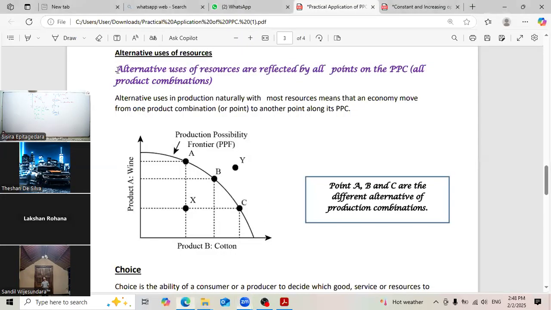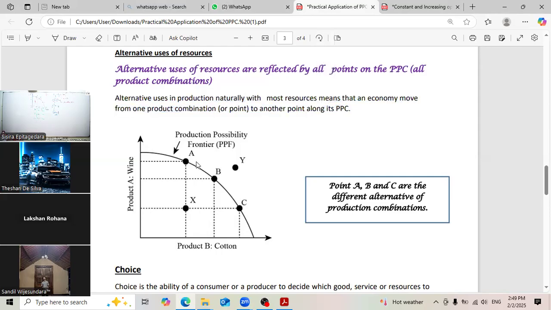You can see alternative uses of resources are reflected by all points on the PPC. In my diagram, there are 3 points on the PPC. All these 3 points show the different alternatives. Next one: alternative uses in production, with most resources, means that an economy moves from one product combination to another point on the PPC.